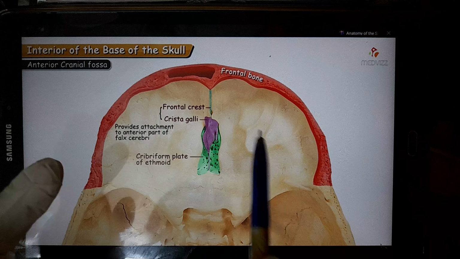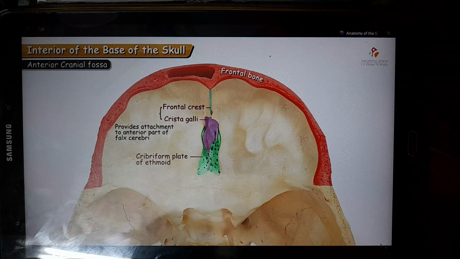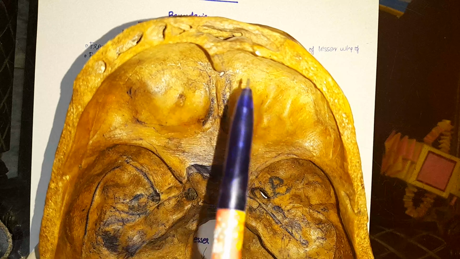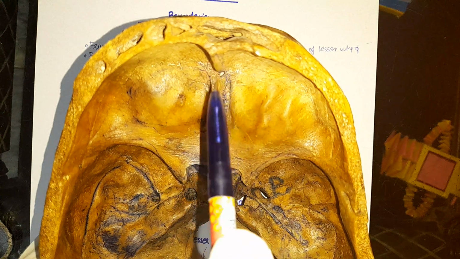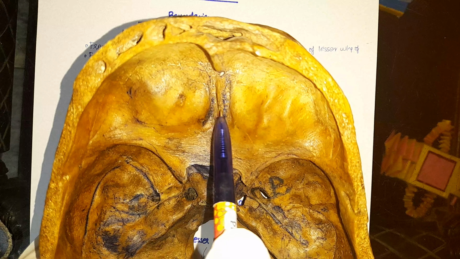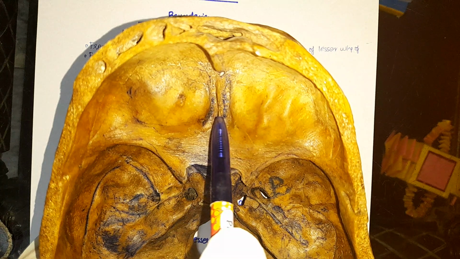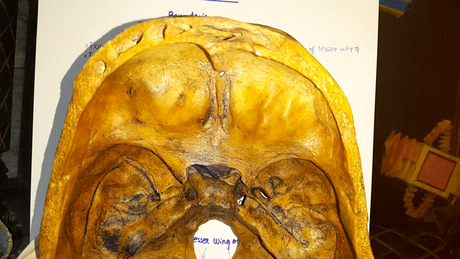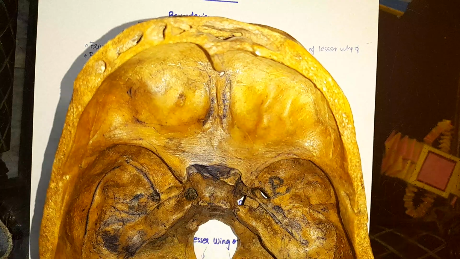That fold of dura mater has its anterior attachment to the frontal crest and the crista galli. So yes, you can see over here that the frontal crest and this crista galli both give attachment to that fold of the dura mater, which is known as the falx cerebri, which divides both hemispheres into equal parts. So it is going to be in the middle, something like this.